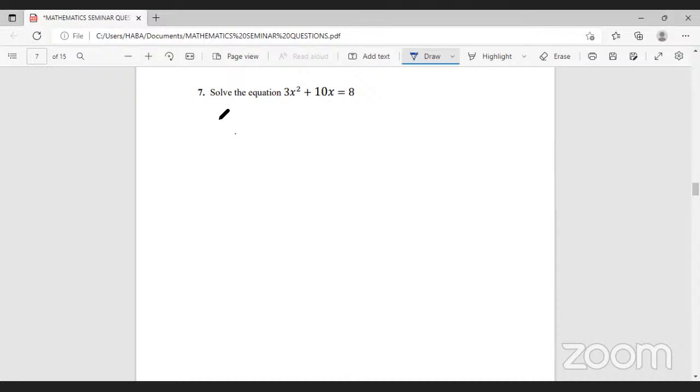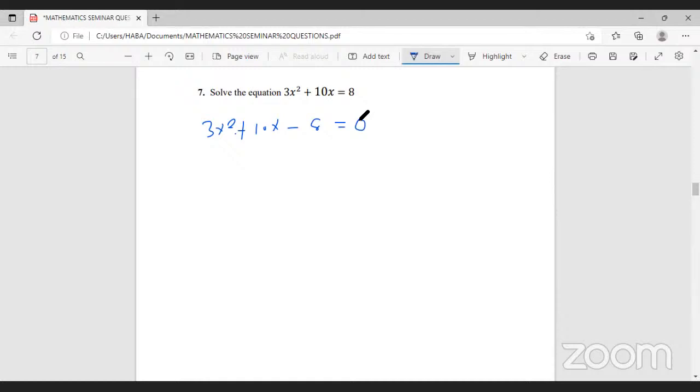We first introduce a quadratic equation. We get 3x squared plus 10x minus 8 is equal to 0.